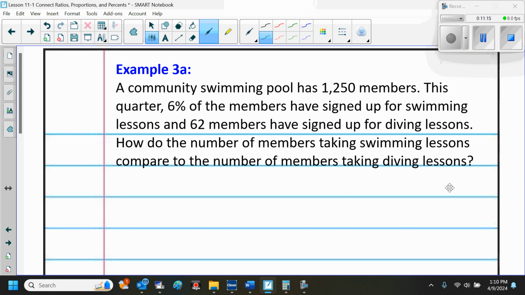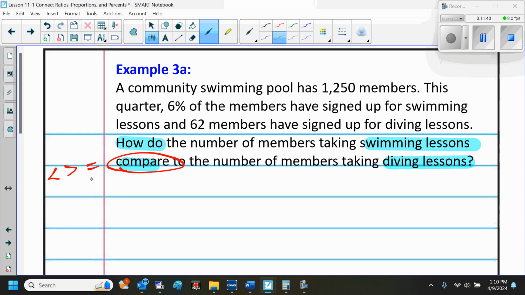All right, so you can see that we need to compare something, right? So if I'm comparing something, of course, that means that we're going to use less than, greater than, or equal to. Is everybody clear with that?